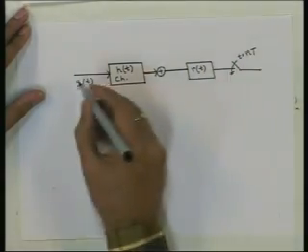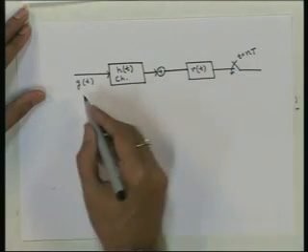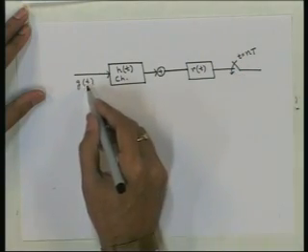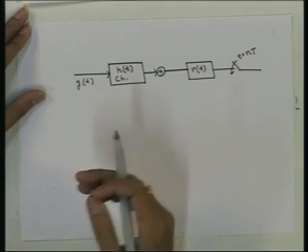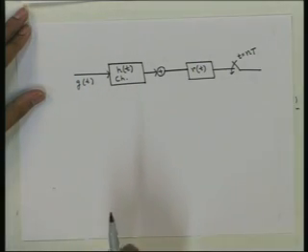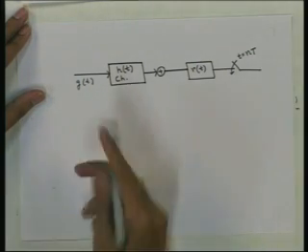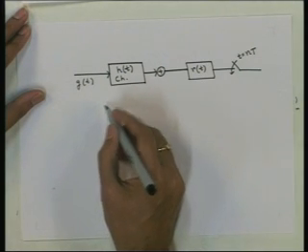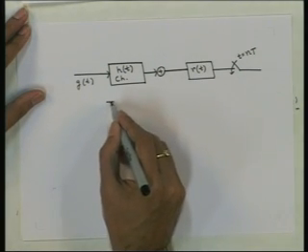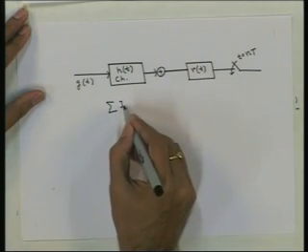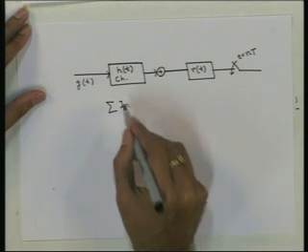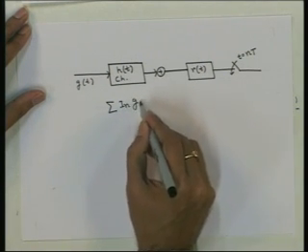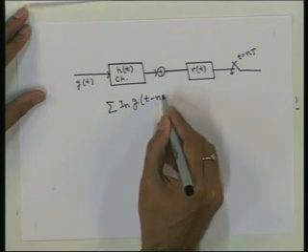Now, we are transmitting not only g(t), but shifted versions of g(t) after multiplying by the information carrying values. So, what we are transmitting is actually the summation of some information carrying values I_n times g(t minus nT).